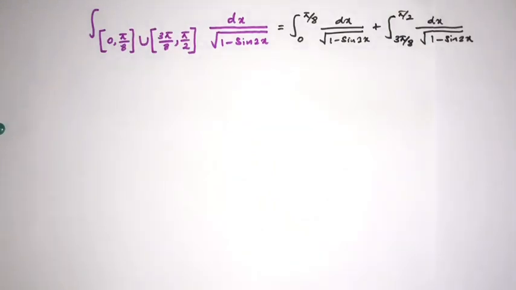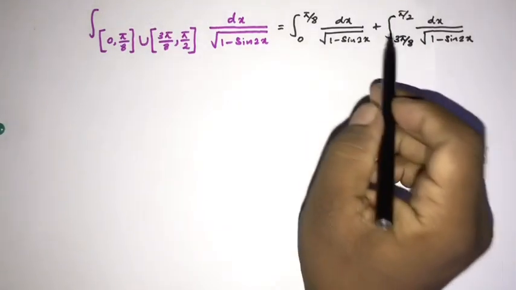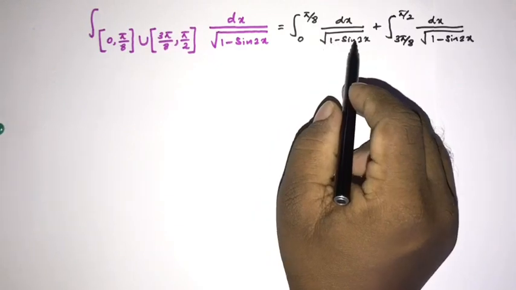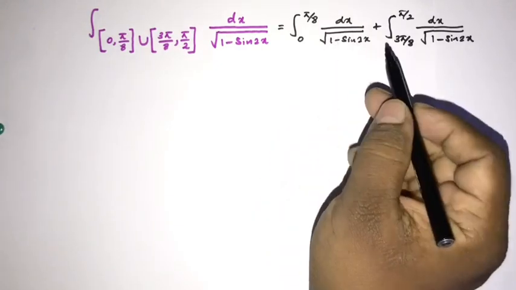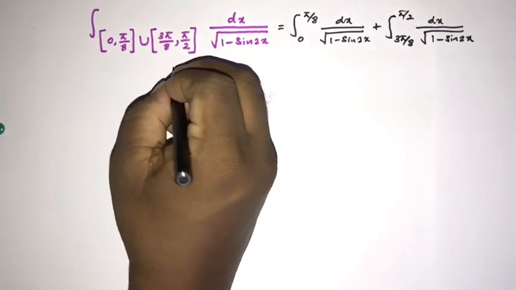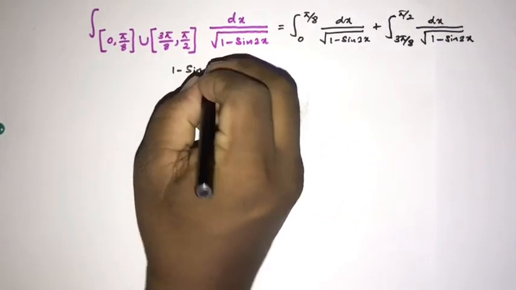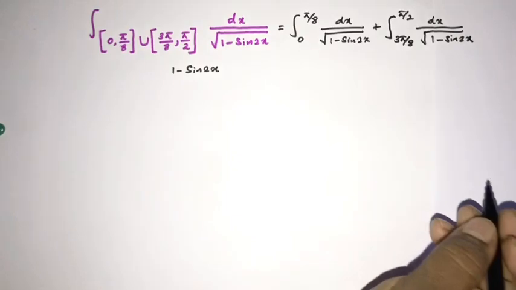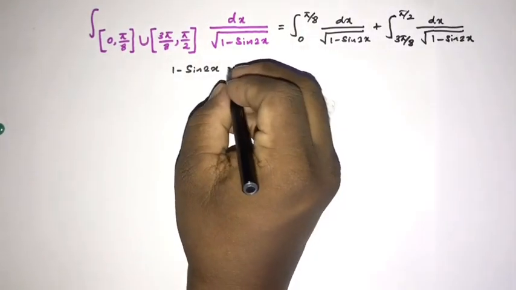Now here we have dx over the square root of 1 minus sine of 2x. So now let us simplify 1 minus sine of 2x.